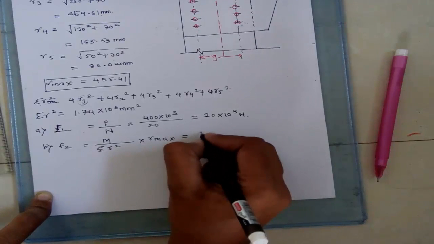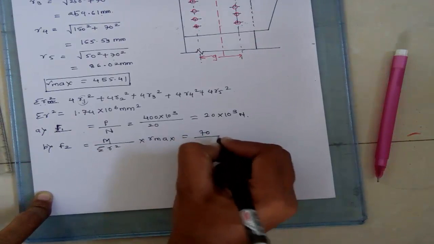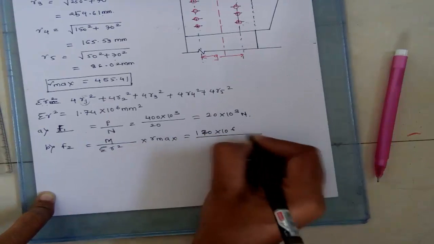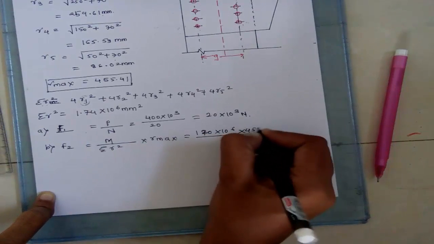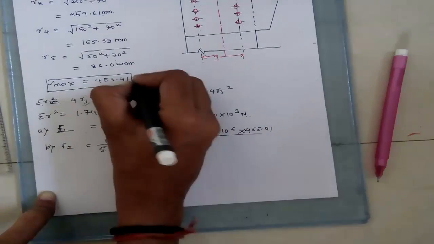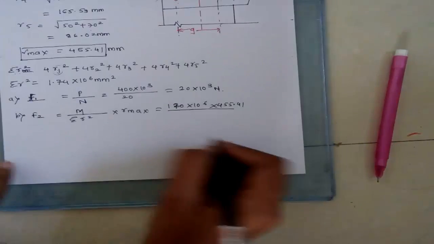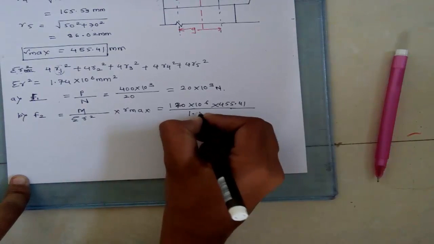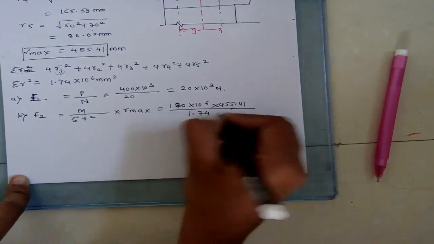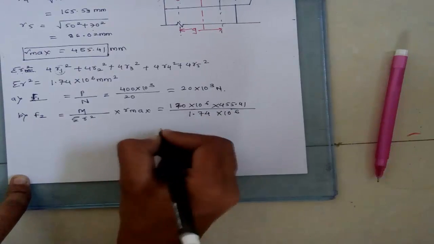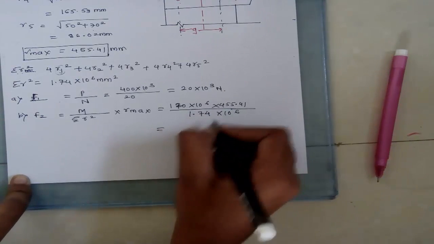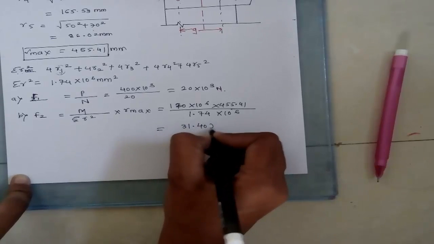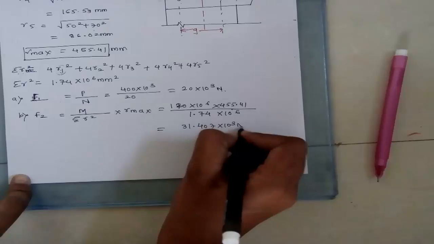The moment is 120 into 10 to the power 6, R max is 455.41 mm, and summation of R square is 1.74 into 10 to the power 6. After calculation we get 31.407 into 10 to the power 3 Newton.